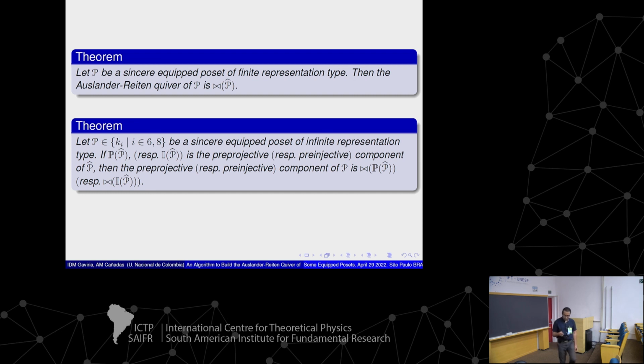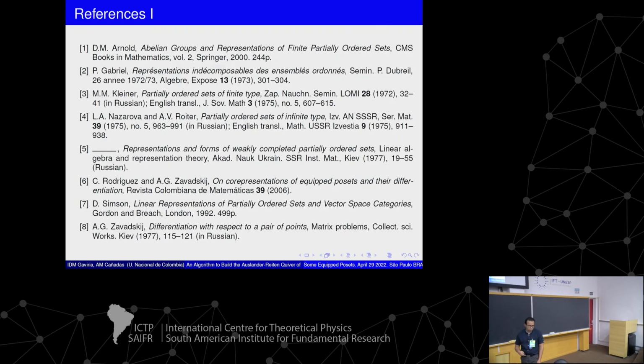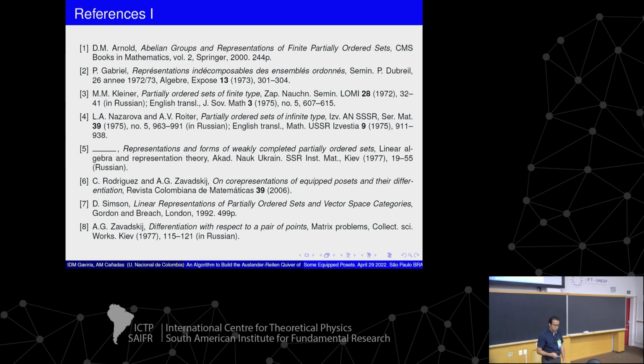And if we have these two kinds of equiposet, the K6 or K8, which are two infinite representation type equiposets, then we can compute the pre-projective and the pre-injective component of this poset here. Well, these are some references, almost all references coming from the Quiver School of Ukrainian mathematicians.